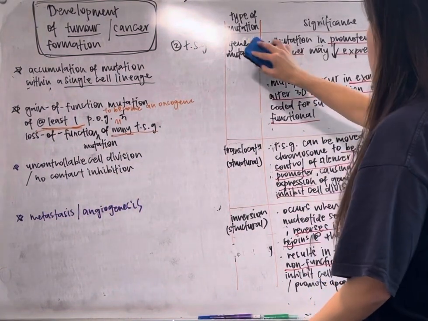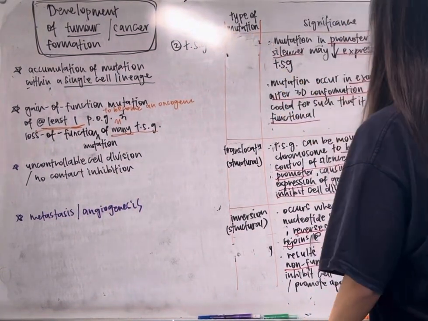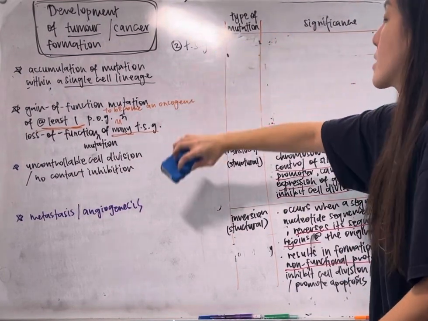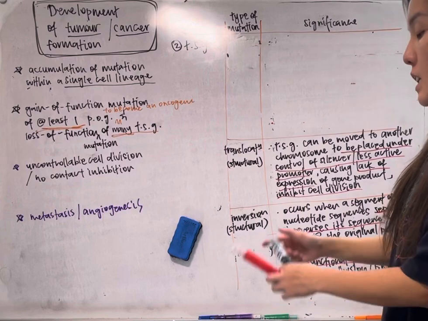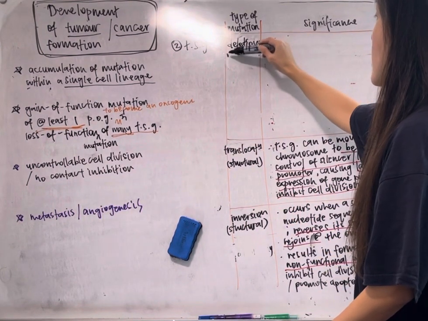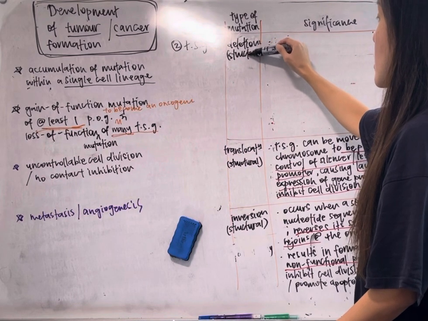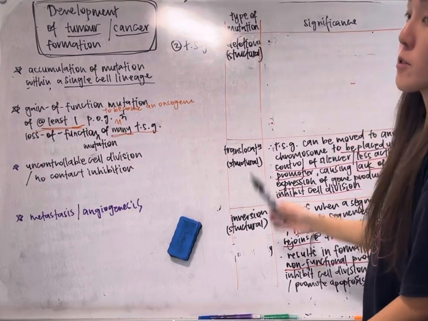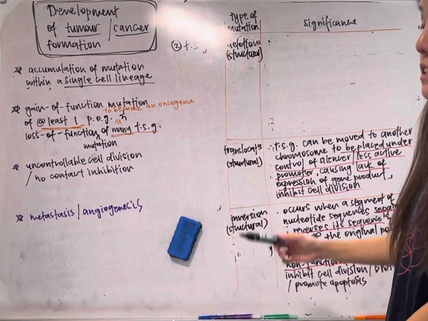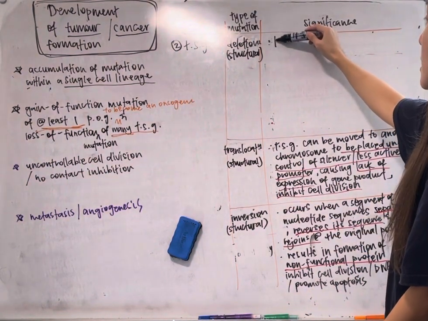What other mutation? That's why you can see they are all related. Another mutation that can bring about loss of function of tumor suppressor genes is deletion mutation. I'm only explaining the reason why, so you all should know. For deletion mutation, the idea is you have loss of your tumor suppressor genes in the deleted segment.